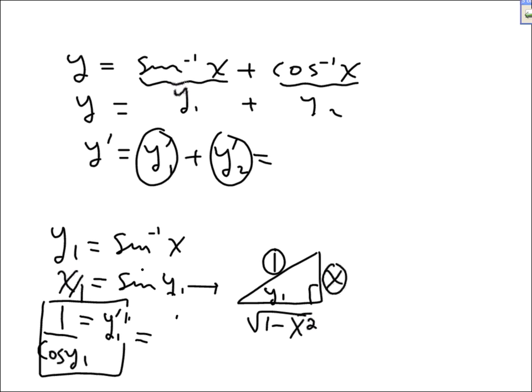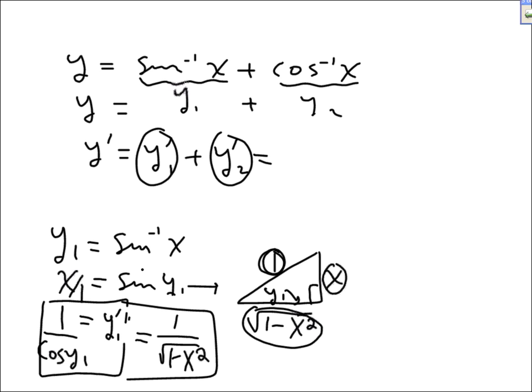So we get 1 over the cosine of y1. The cosine of y1 is adjacent divided by hypotenuse, which is 1. That is, you just get the adjacent. So right now, we have what y1 prime equals.